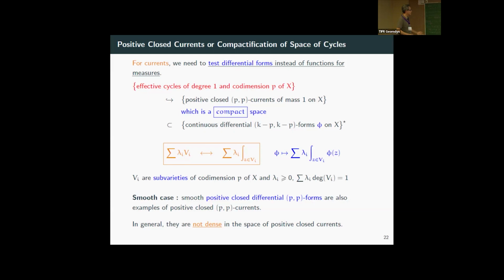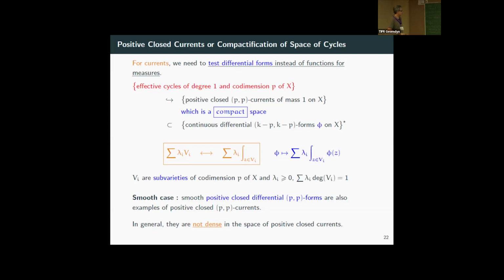So this is this correspondence between this cycle and this positive closed current. So here is a more precise statement. If you have the test form of right degree, then you associate it to the sum of lambda_i integral of phi on this V_i. It's very similar to the case of Dirac masses.